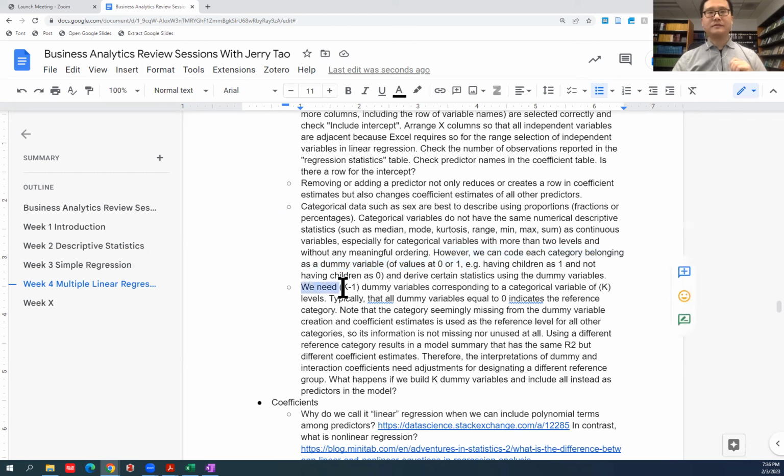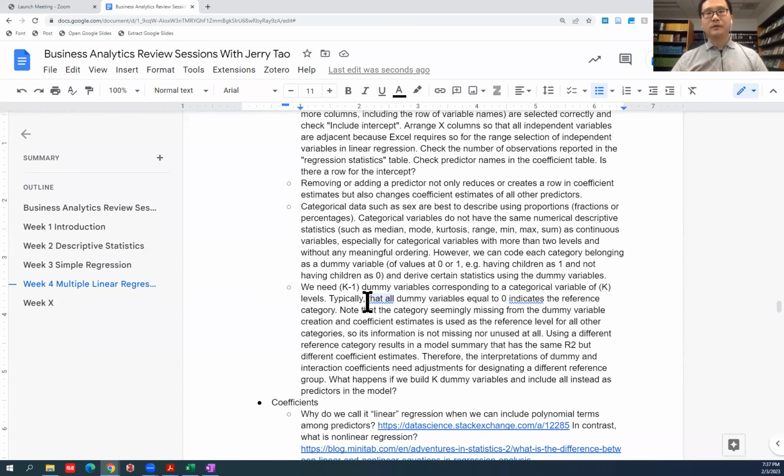So in our case of city indicator, we have 4 different cities. So we need 3 dummy variables corresponding to a categorical variable for city of 4 levels.